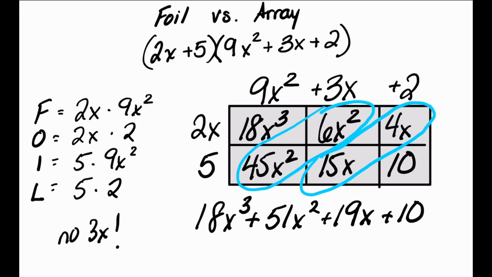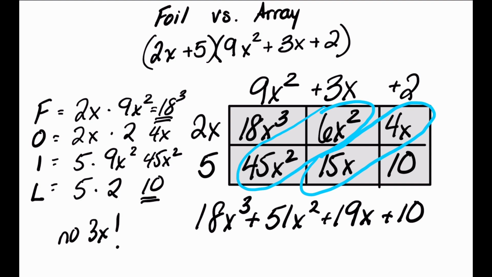So boom, I can get the answer here. If I had done it with just FOIL, I would have gotten some of the terms, like the first one. Here's 4x, here's 45x squared, here's 10. And I definitely have the 10, but I'm missing some of my middle terms because I missed it.